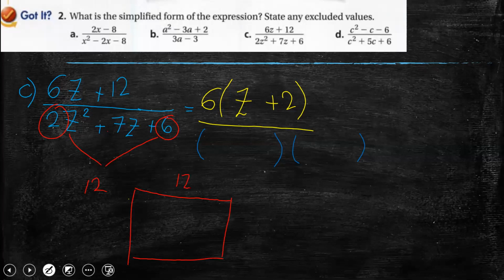And since we have a plus sign here, both of them are positive. So what are the factors of 12 that if you add them, you get 7? 3 and 4, bravo. So we have 3 and 4.